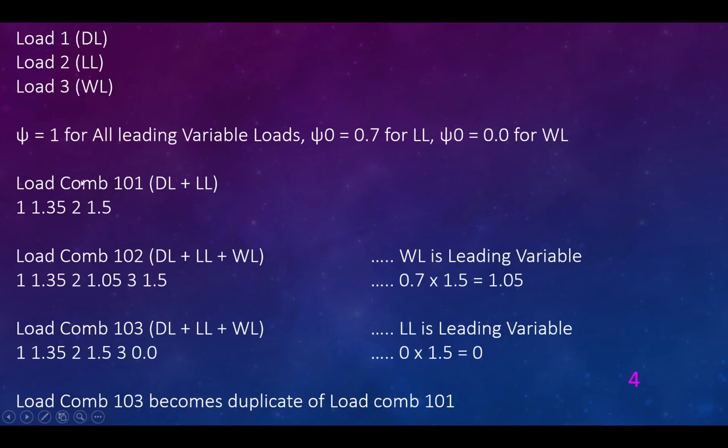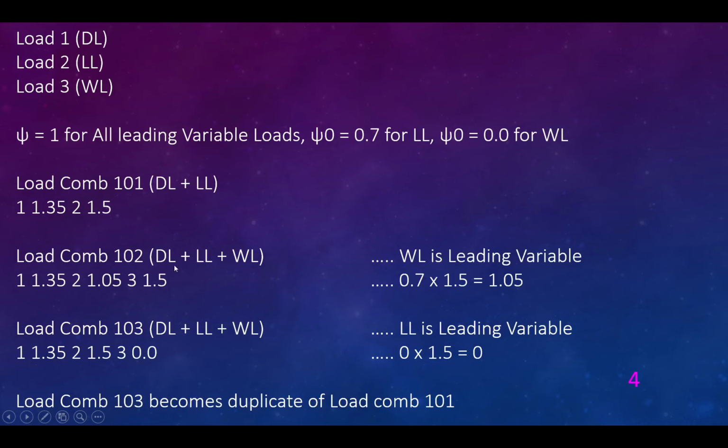So in case a user defines a load combination, say load case 101, as dead load plus live load, it will look like 1.35 and 1.5. 1.5 is the load factor for the variable load, 1.35 is the load factor for permanent load.